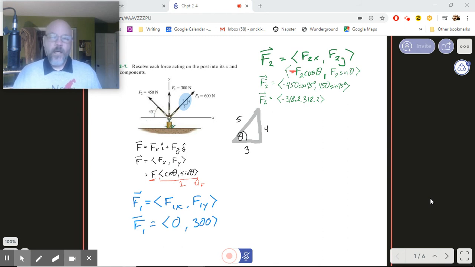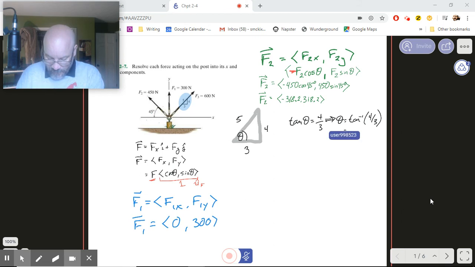Don't do this. This is a waste of your time, but I'm going to show you. They'll say tangent of theta is rise over the run, so theta is the inverse tangent of 4/3, and it works out to be like 37 point something degrees.